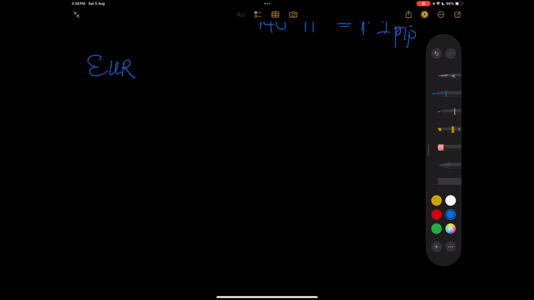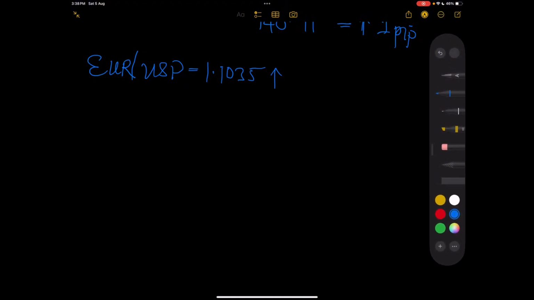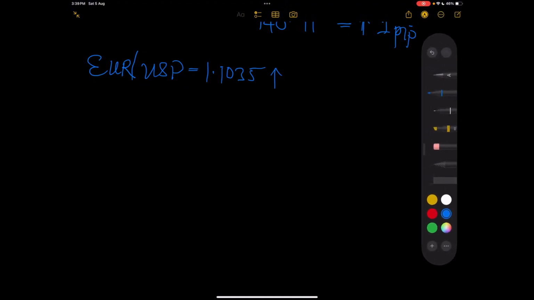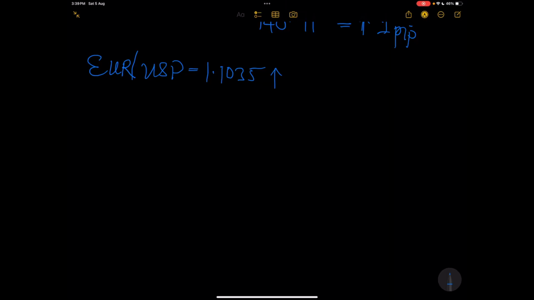We have EUR USD at 1.1035 again, and now it increases to 1.1040. How many pips increase has that pair done?